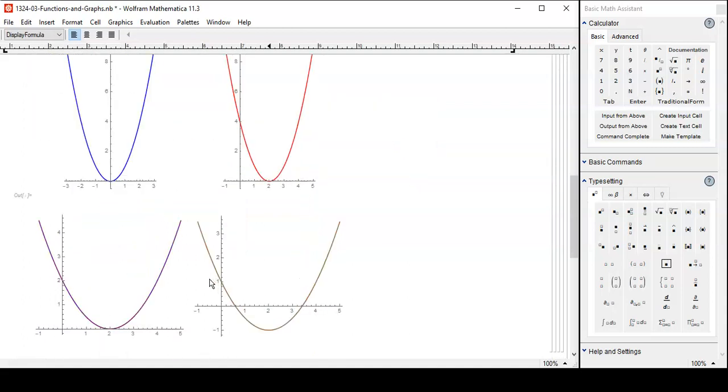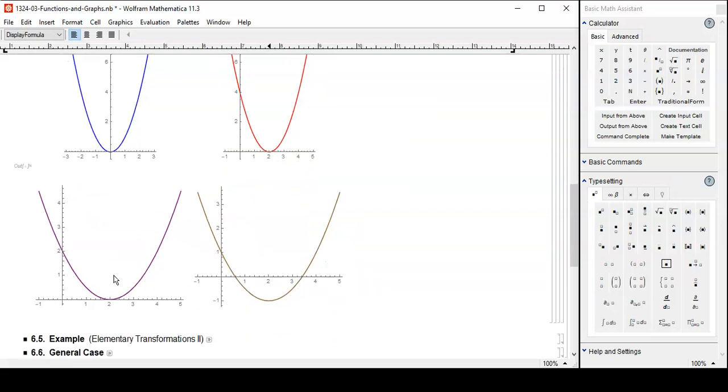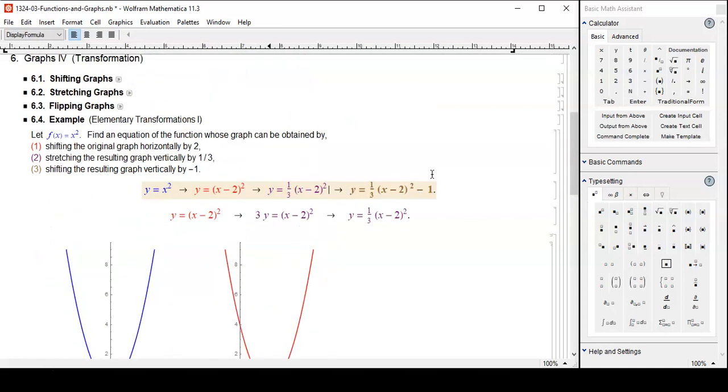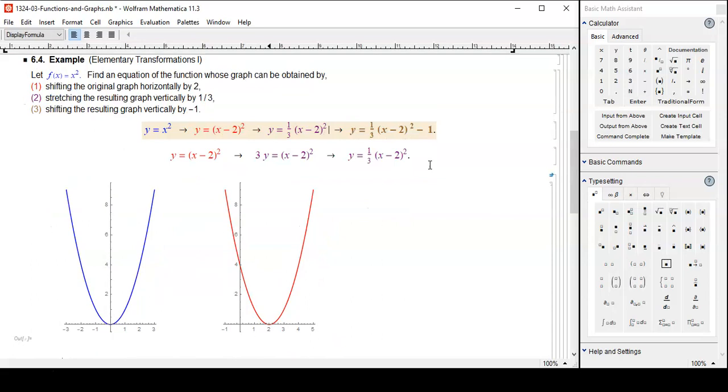So we get purple, this one, and then I'm going to push it down a little bit, so shift it by -1 unit in the y direction, so shift it up by -1 unit, or shift down by 1 unit. And that's, as a matter of fact, y equals 1/3 x minus 2 squared.